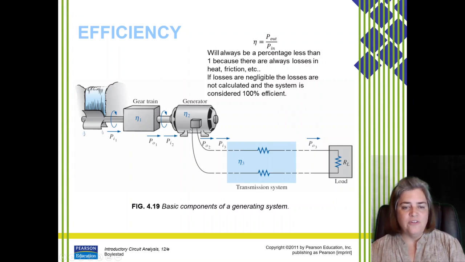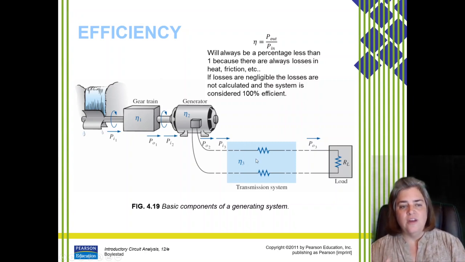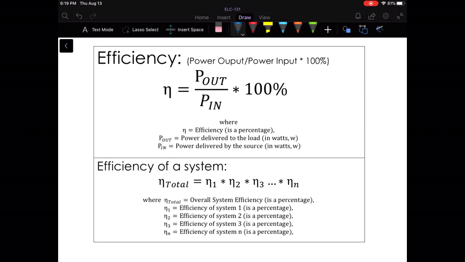The generator has an efficiency, maybe it's more like 70%. And then the transmission system has yet another efficiency. Well, the efficiency of the entire system is actually the product of all three of those. You don't add them together, you actually multiply those efficiencies, and you really see the effect of the least efficient system in all of these. So let's work a problem so you can see how this works.